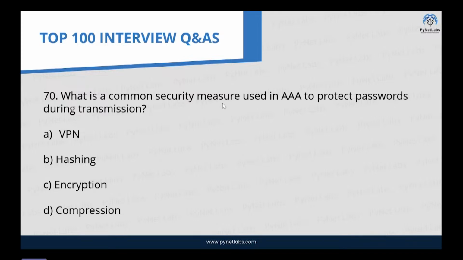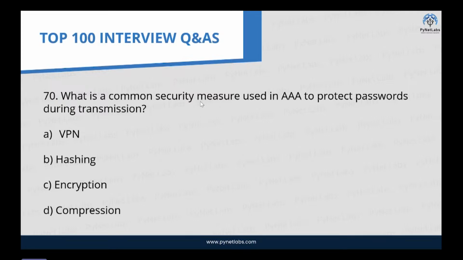So what basically makes sure that it is going to encrypt the password, or you can say used to protect the passwords during the transmission, like what kind of security measure it is going to take, be it encryption, be it hashing; VPN and compression are not really going to be there.